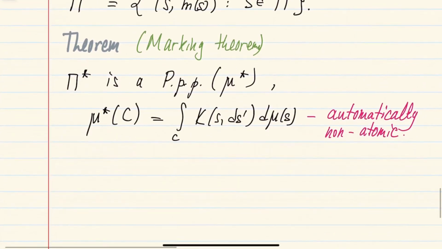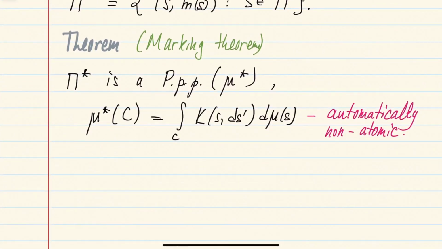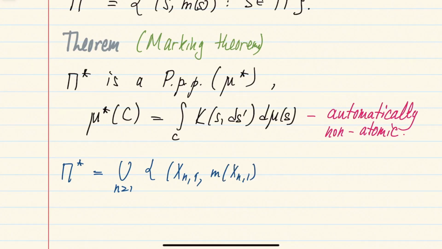And of course the proof of this is completely straightforward, because if we consider this set and just write it out more explicitly in terms of the Poisson point process pi, this will be just a union over n, and each point x in this process is replaced by a vector where on the second coordinate you have the marking corresponding to this point.